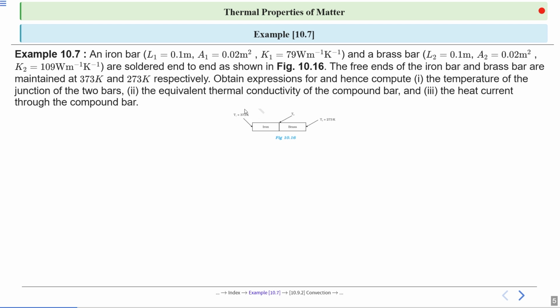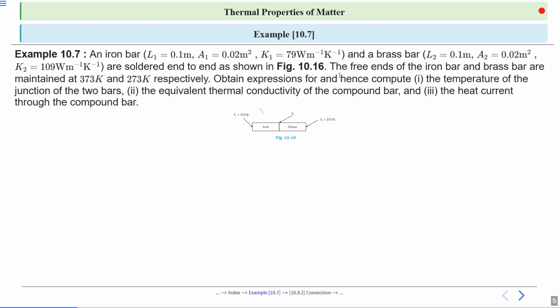The temperature of iron bar T1 is equal to 373 Kelvin, and for brass bar temperature is 273 Kelvin, and the junction where both iron bar and brass bar are soldered has temperature T0. The free ends of the iron bar and brass bar are maintained at temperature 373 Kelvin and 273 Kelvin respectively.